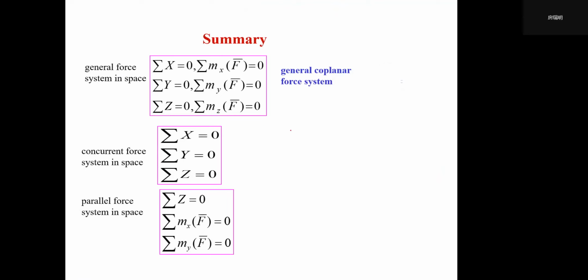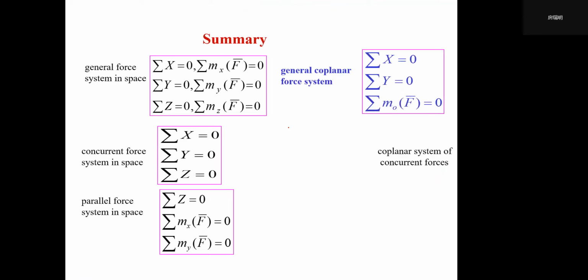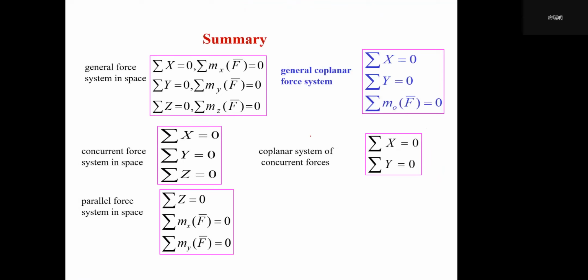So I will draw a table and tell you guys which ones you should understand and remember, right? So a general force system in space will have 6 equilibrium equations, the 3-1 and this 3-1. And the general coplanar force system will have these 3 equations.